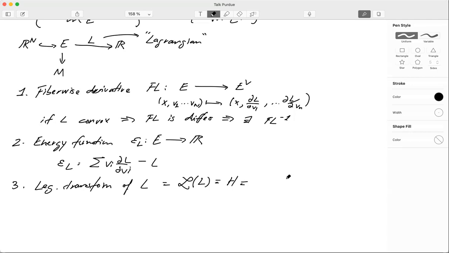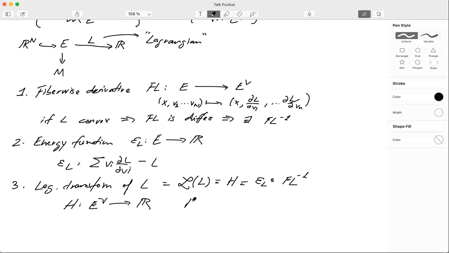And this is, you take the function EL, and you precompose it with the inverse of FL. FL goes from E to E dual, so this function H is a function that goes from E dual to R.